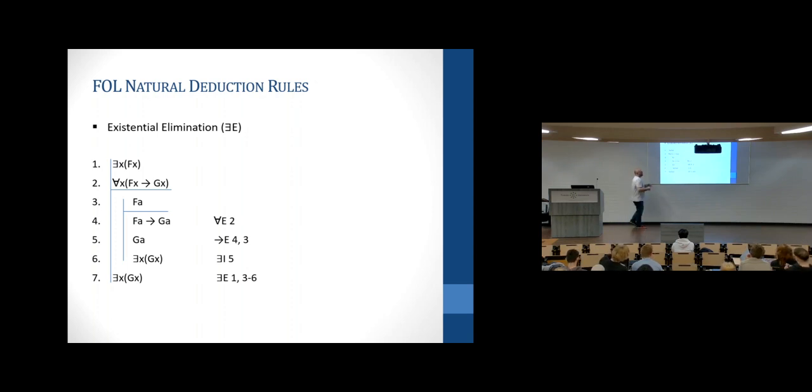Absolutely. So, in general, what we want to do for existential elimination is introduce an arbitrary name which replaces all of the existentially quantified variables. We then do some reasoning using it. We get to a conclusion that does not feature that arbitrary name. Because if the name's still there, it's not arbitrary anymore.